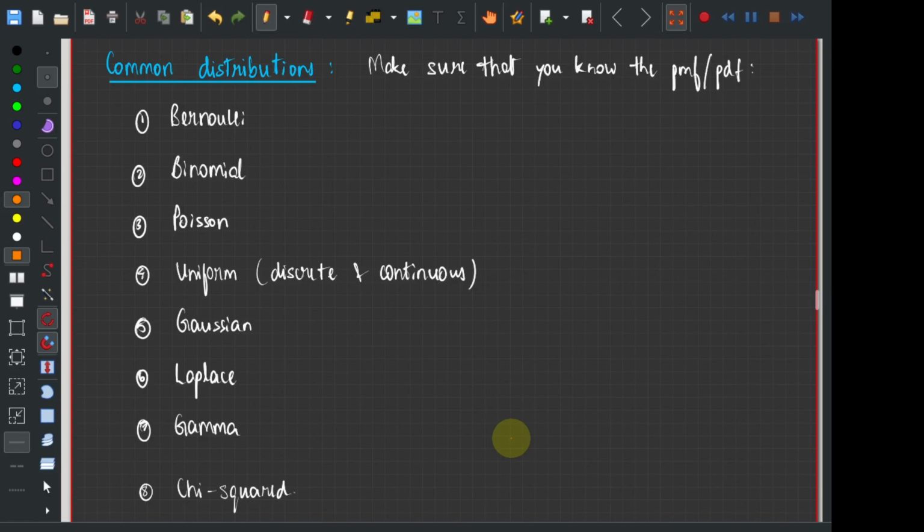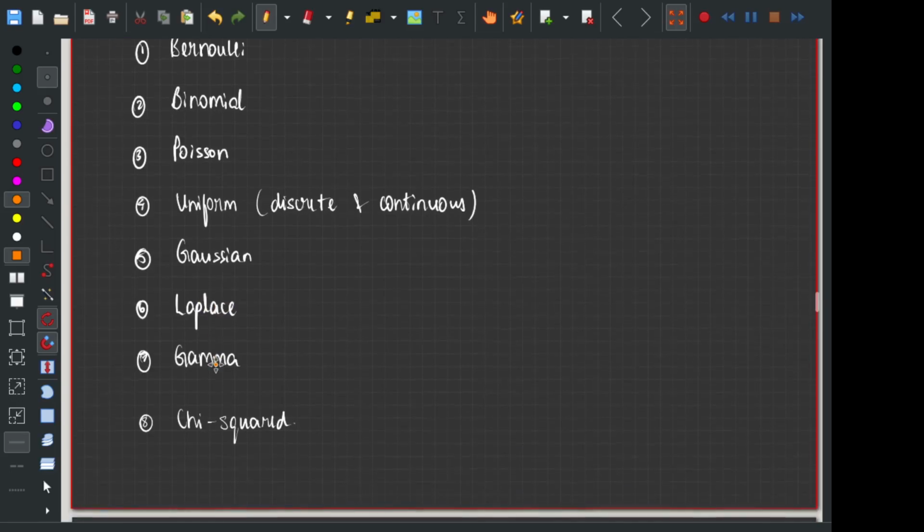These notes will be shared with you. So make sure that you know the probability mass function, the probability density function, or the CDF for each of these random variables. And in your first assignment, you'll also calculate the mean, variance, and so on for these random variables. We'll frequently come back to each of these as we go.